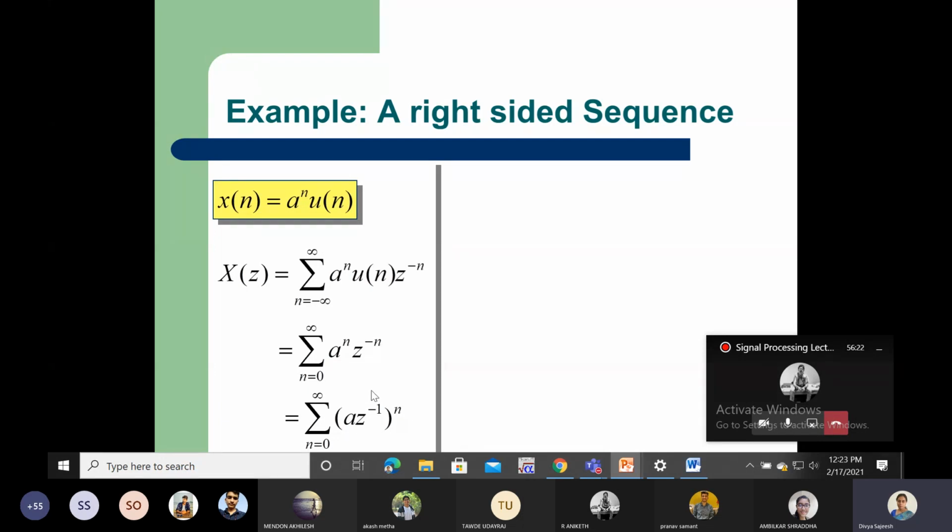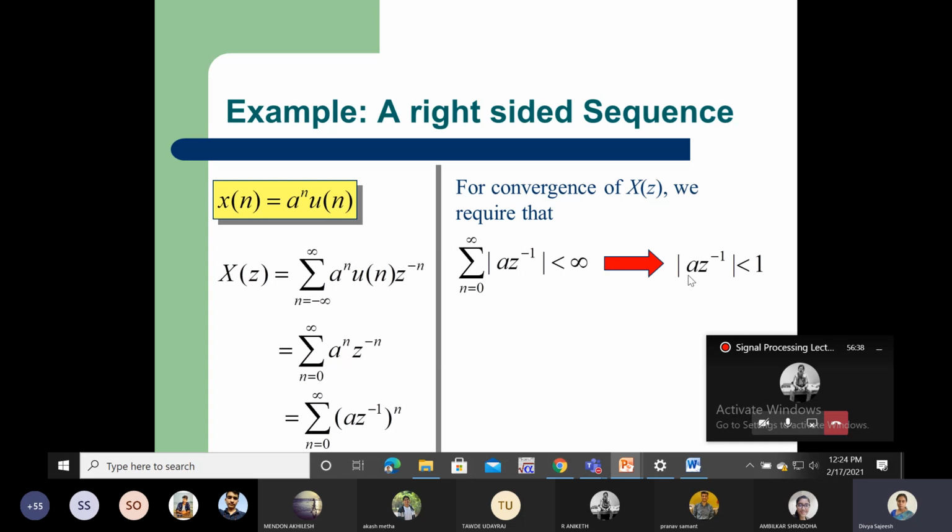Okay, so this is the general formula for the geometric sum series. You can apply it. This is a little confusing, rather we will apply the formula and write it as 1 upon 1 minus c, where c is a z inverse.